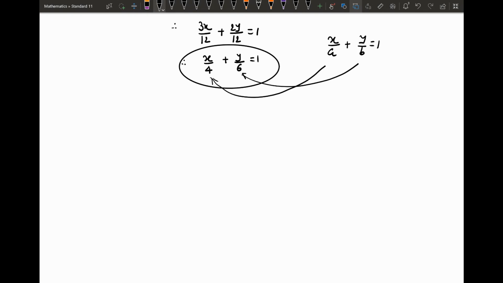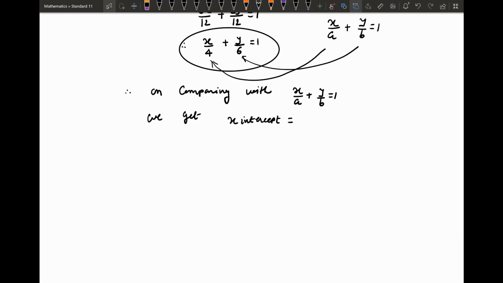Therefore, on comparing with x by a plus y by b equal to 1, we get x intercept equal to 4 and y intercept equal to 6.